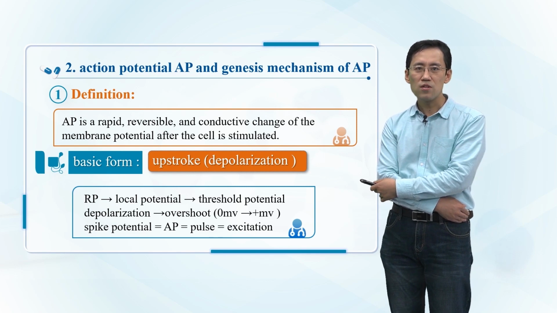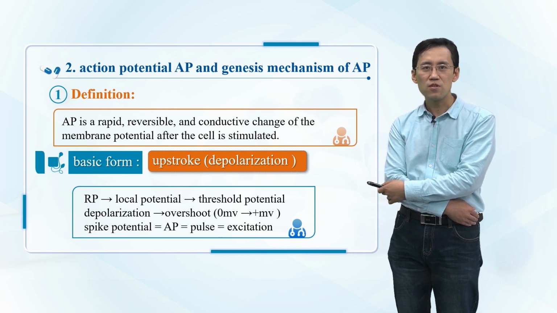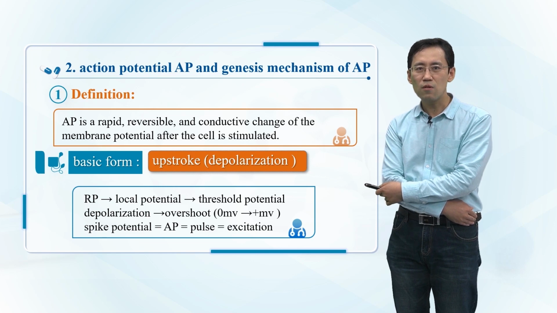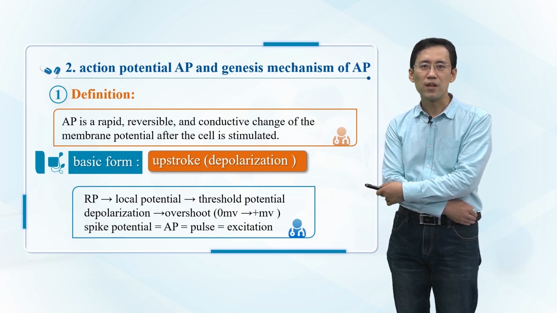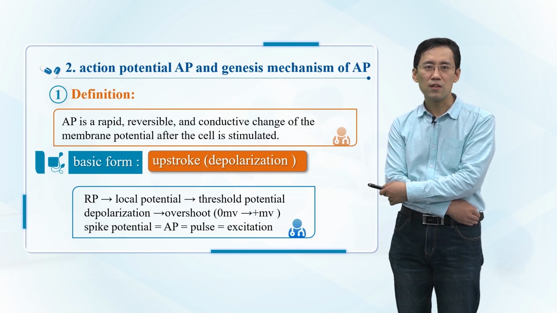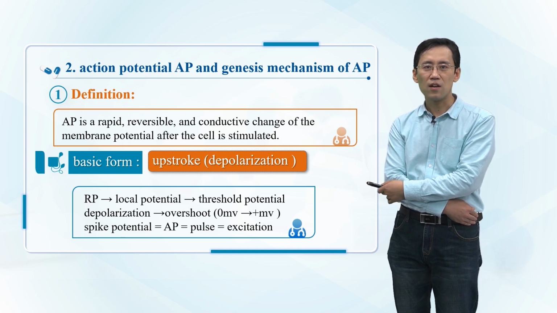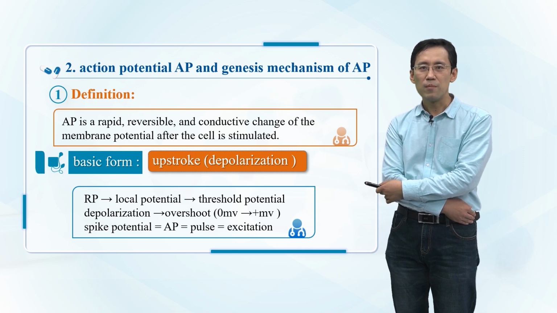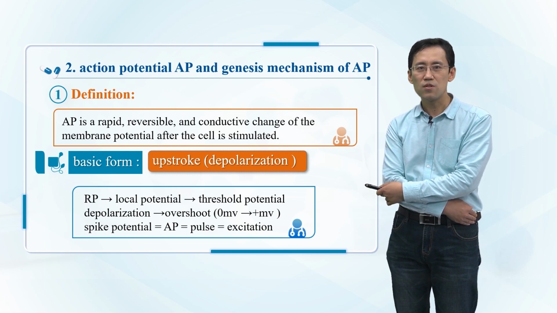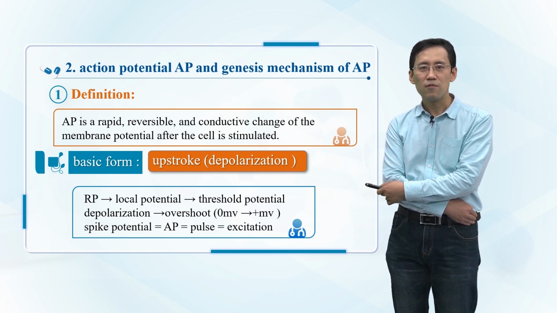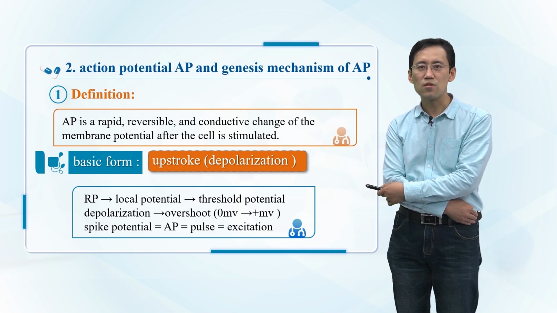The resting potential gets a local potential, and once the local potential reaches the threshold potential, the cell depolarizes, then overshoots above 0 millivolts, forming a spike-like potential, which is the action potential, and the cell gets excitation.